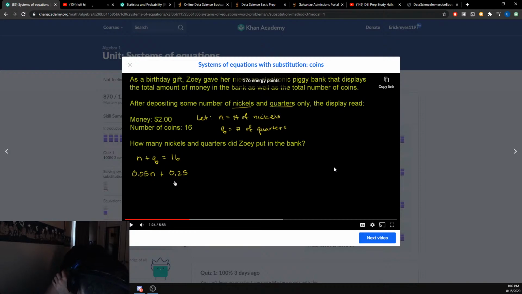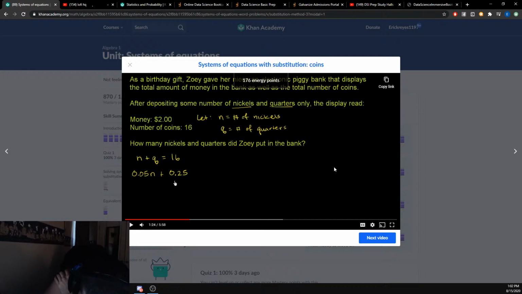This is going to be 0.2y equals 1.2. 1.2 divided by 0.2 equals 6.